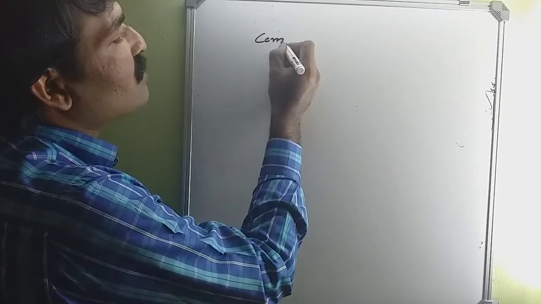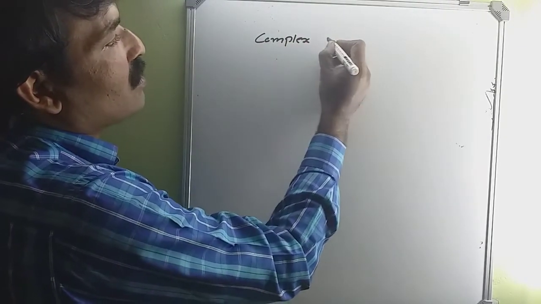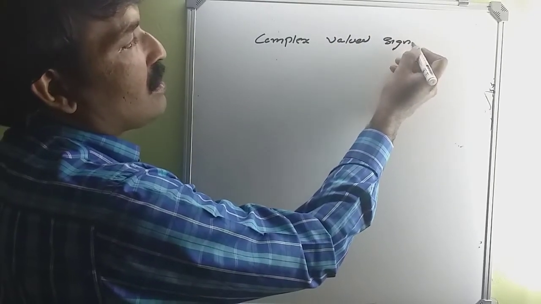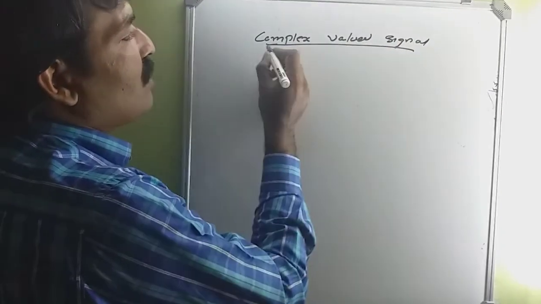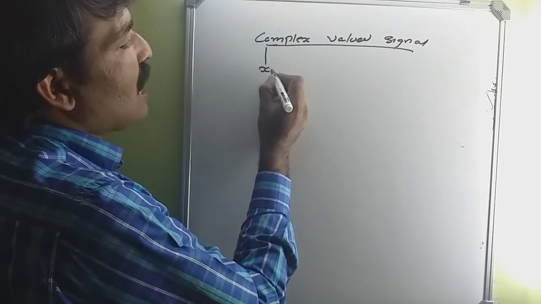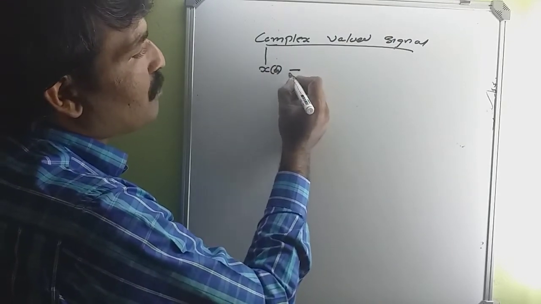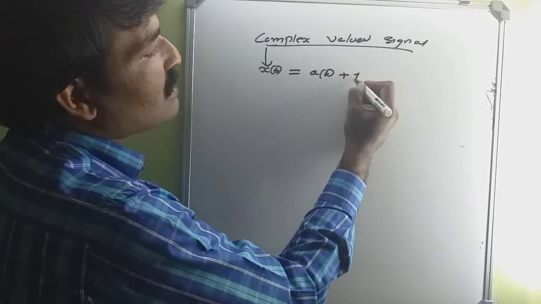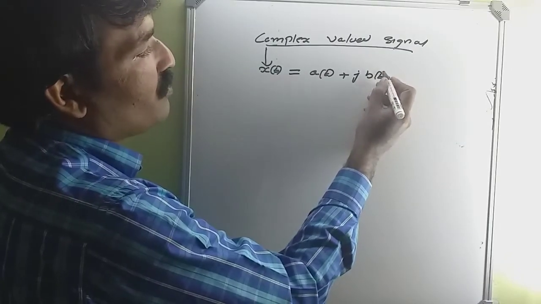Complex valued signal. A complex valued signal x of t can be represented by a of t plus j into b of t.